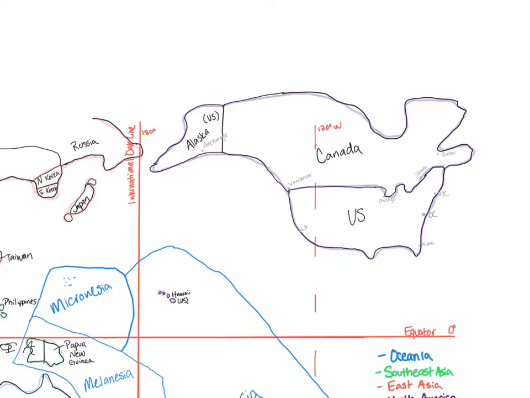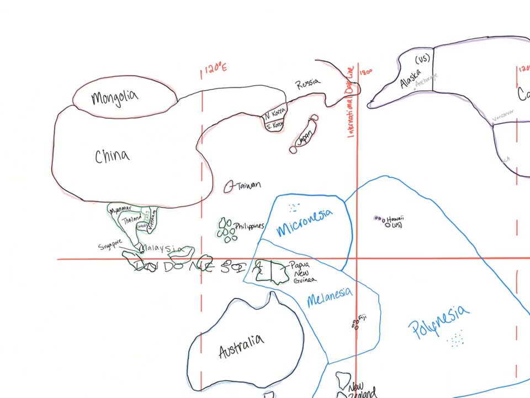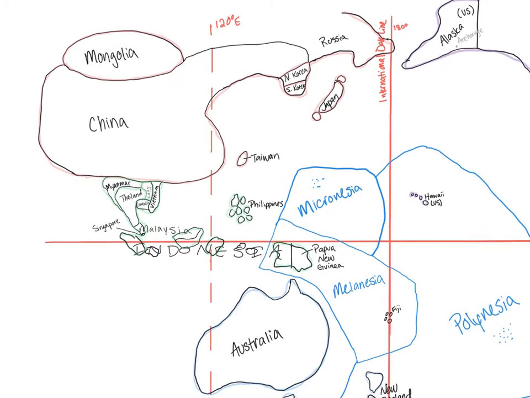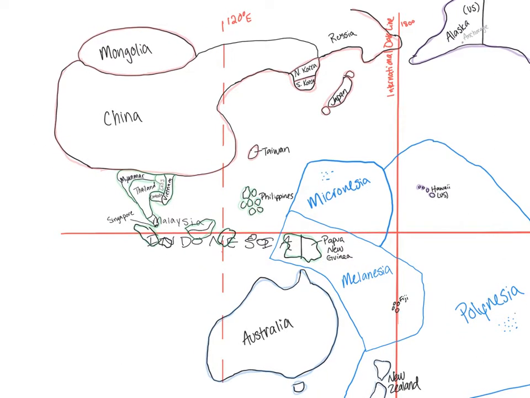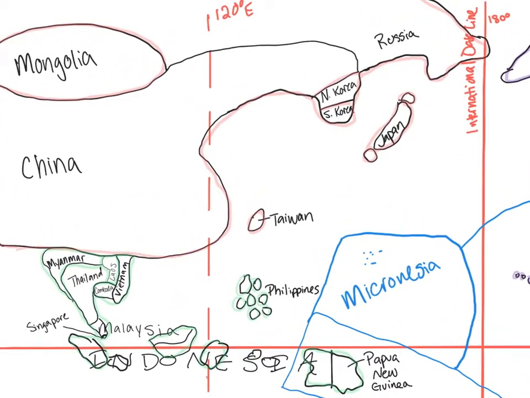Now we're going to label some important cities that are in Asia. In Asia, we're going to do Tokyo, that's in Japan. It's about right there on the coast, Tokyo. We have Seoul, the capital of South Korea.